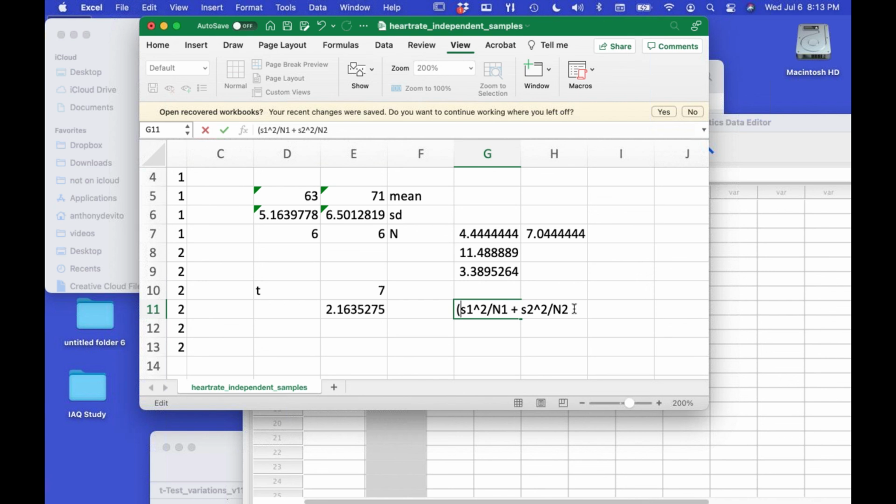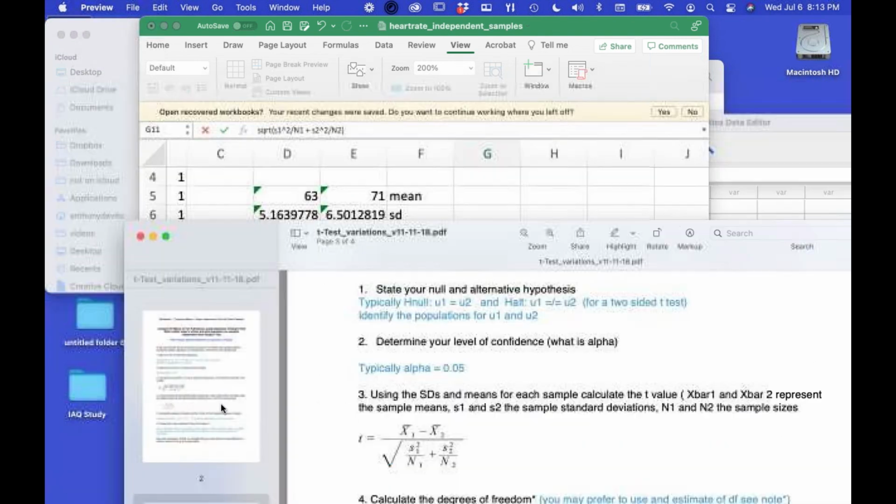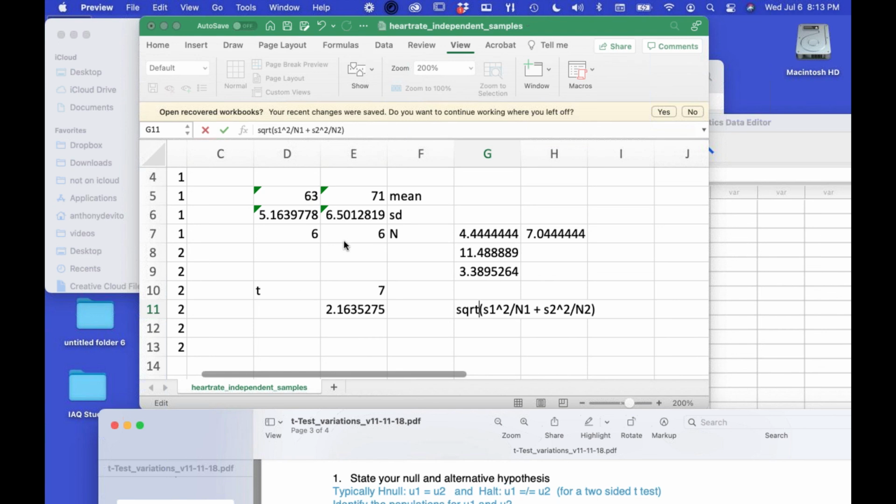Does it matter if it's 7 or minus 7? No, it doesn't, because all that tells you is which direction, which one is smaller or which one's larger. If I had done it the other way, this would have come out to be -7, right? If I compared the athlete's heartbeat minus scholar's heartbeat, that would have been a -7, and it would have been a t-score of -2.16.